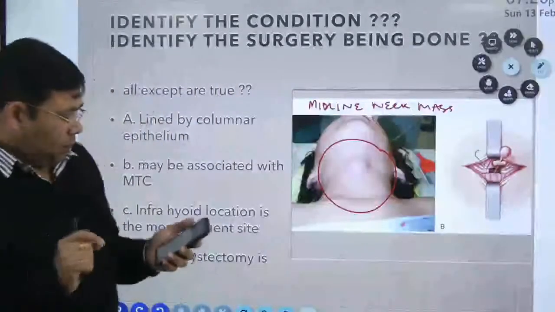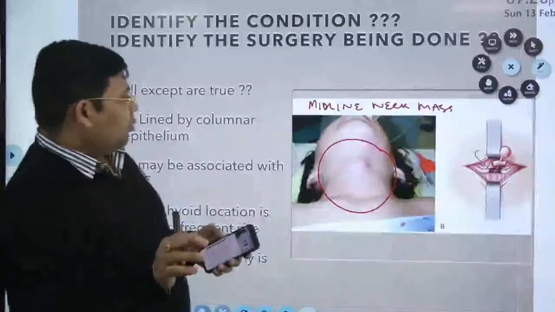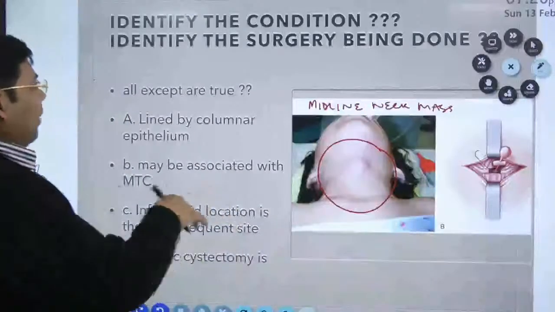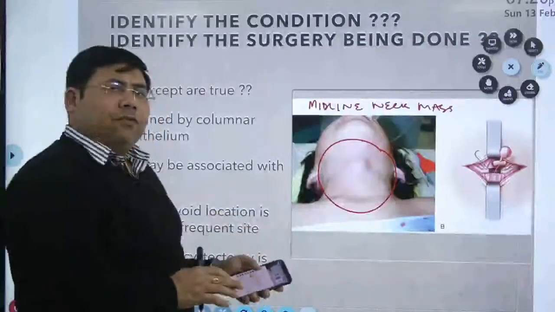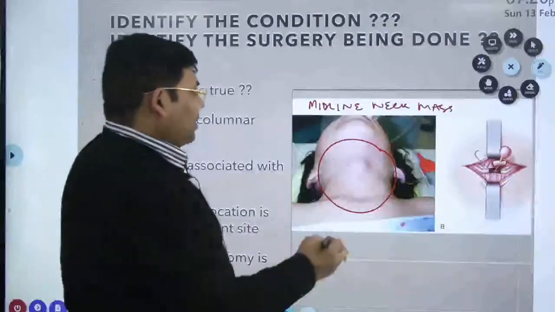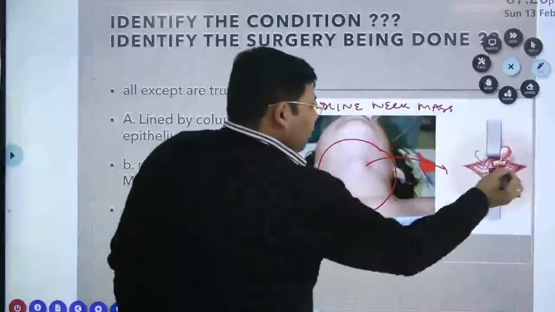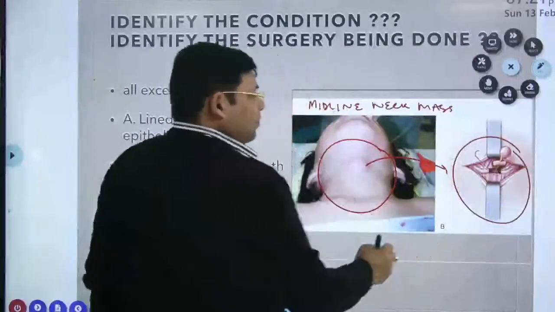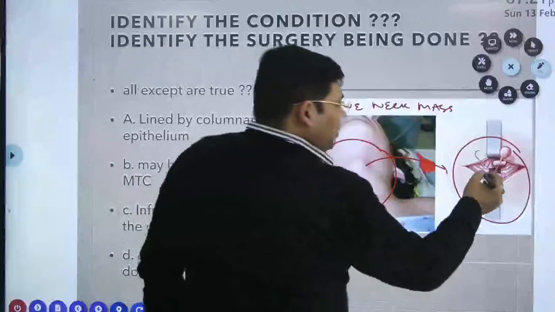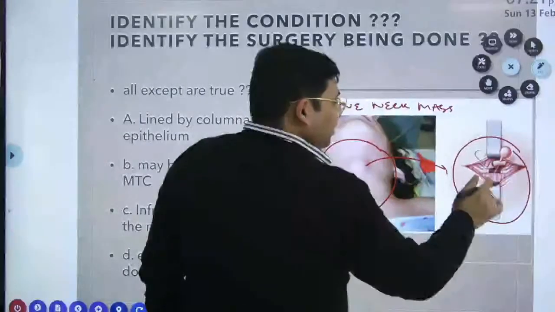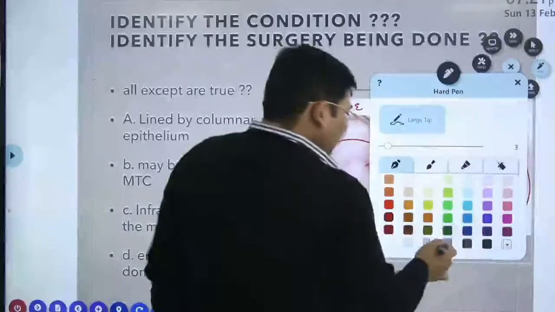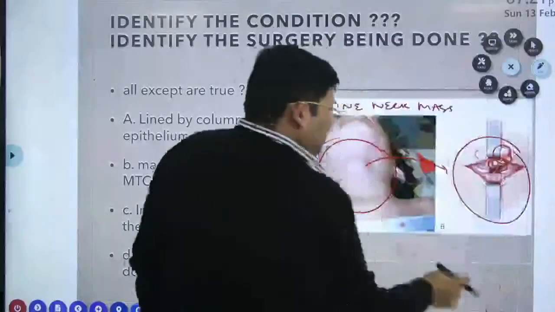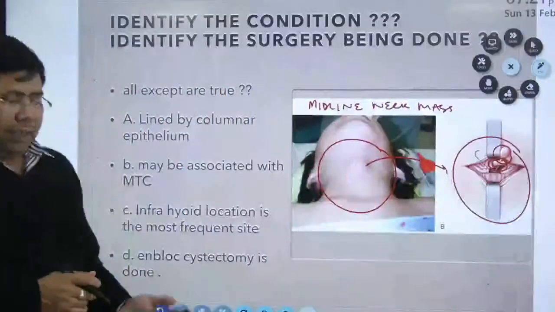However, I am not given any such information in the question. But by seeing this and correlating it with another diagram, you can see this is the hyoid which has been transected. This is the central hyoid and there is a cyst here. So we come to the conclusion that the image we are dealing with is of a thyroglossal duct cyst.